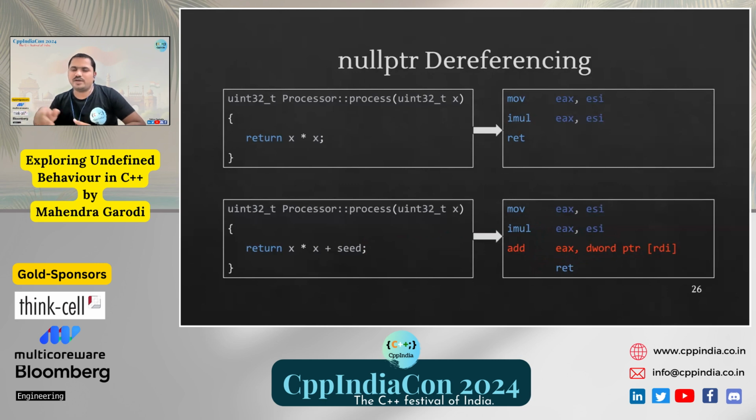And in the class, we don't have any other variable, so most probably the first word will be the seed value. That might be the layout. That's why it's just loading the first word and then adding that into EAX. Don't get into the details, but we are trying to dereference here the pointer, which is nothing but RDI. So we are trying to reference the 0 memory now, so we get into a crash.